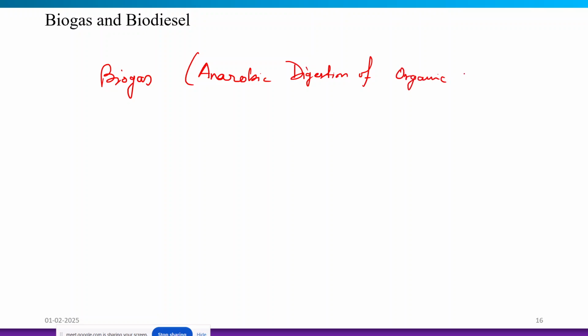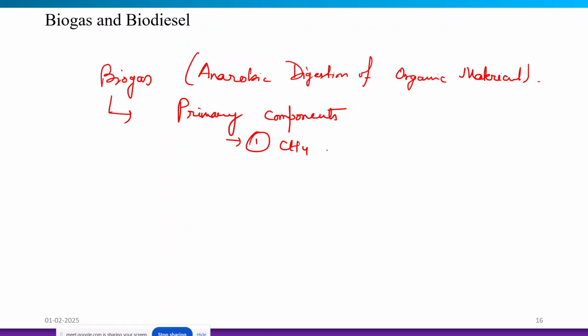You can consider energy crops, agricultural waste, food waste, plant residues. Biogas is produced from these. Now the question is what are the primary components of the biogas. The first one is methane, which is roughly 50 to 70%, and the rest is carbon dioxide, roughly 30 to 50%. Along with that there are some trace gases like hydrogen sulfide and water vapor.